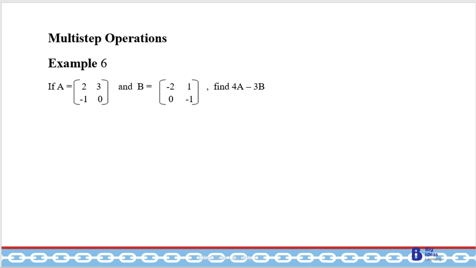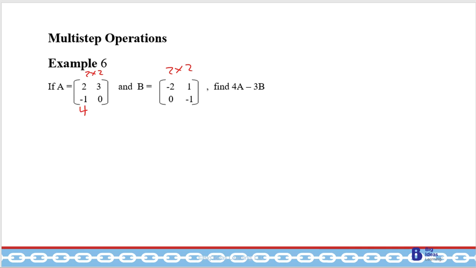Lastly, we have a multi-step problem. For example 6, they want us to find 4A minus 3B. So the first thing I would do is check dimensions. Am I going to be able to subtract these when I get to that point? They're both 2 by 2s, so I'm going to be good there.